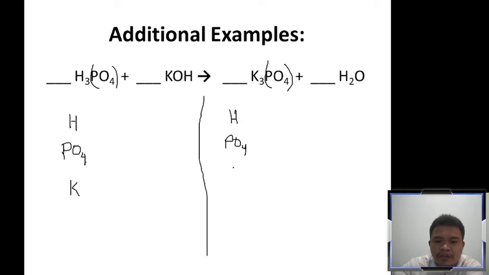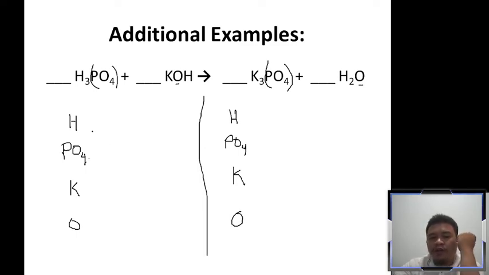Or the potassium. I think there are no other elements anymore. Oxygen, of course. Let's not forget oxygen. PO4, we treat this as a separate group, since there is PO4 here and PO4 also here. And we also separate oxygen because there is an oxygen here in KOH and there is also an oxygen here. I hope that you understand that one.